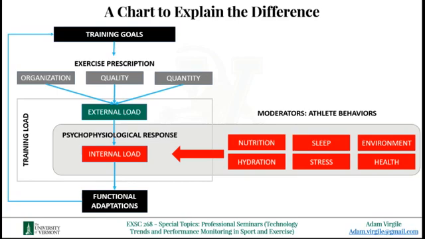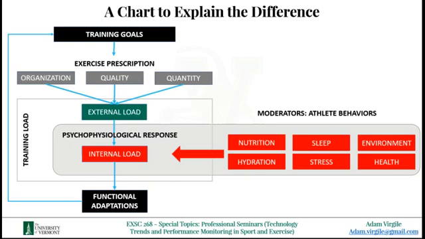And what you're doing is you're taking where the person is at, what their strengths and weaknesses are, and you're looking at the demands of the activity that they want to excel in, and you're figuring out a way to bring them as close as possible to what they need to do to excel in their exercise-related activity as efficiently as possible. And the way that we do that, if we move down to the exercise prescription piece, is we prescribe exercises that have certain volumes and intensities and densities. And when I say density, I'm talking about rest periods essentially.